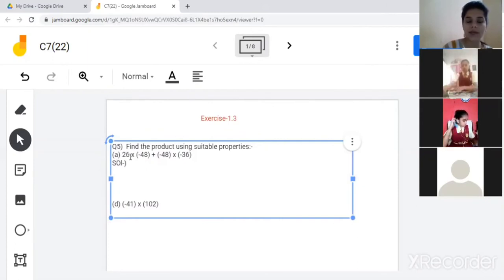See, if we multiply 26 with 48, then multiply 48 with 36, then add both the numbers, it will be a big calculation, children. But if we take minus 48 common, because minus 48 is common to both the terms, then minus 48 into (26 plus 36).